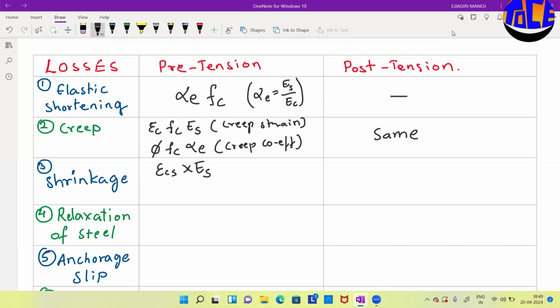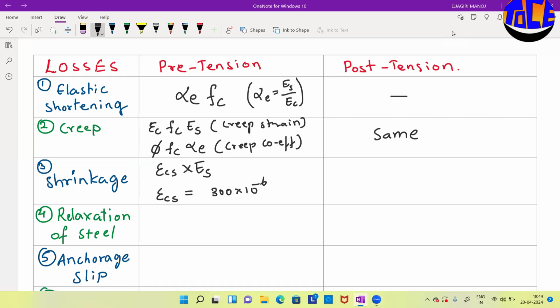Okay, and this ultimate shrinkage strain varies for pre-tension and post-tension. Sometimes it will be mentioned in the question. In case it is not mentioned, if it is pre-tension, you can directly take the ultimate shrinkage strain as 300 into 10 to the power of minus 6.